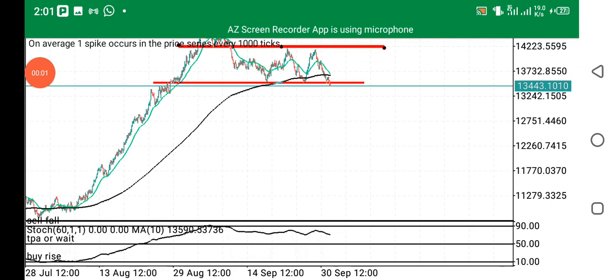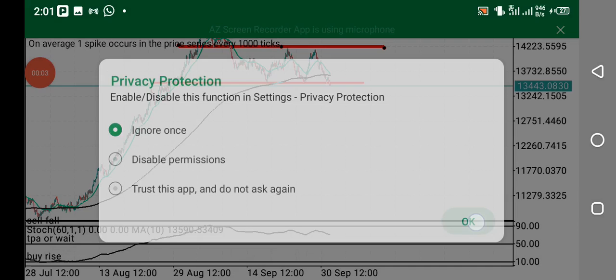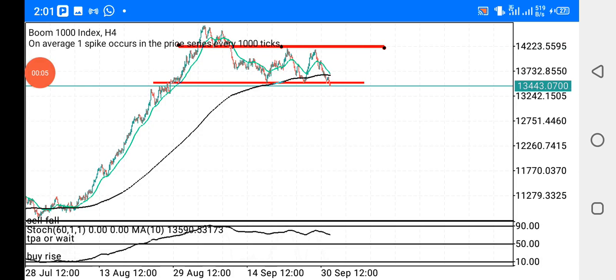Hello, welcome to the Boss Expert Boom 1000 monthly price action coupled with moving average analysis in the H4, back to the lower time frames to see the big picture. Actually, I say monthly.